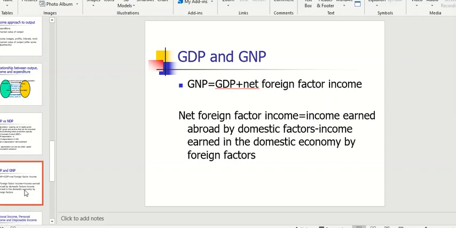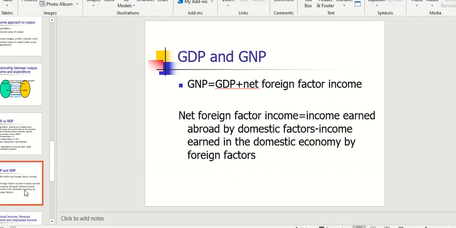So is this entire $1 billion earned by Americans? Many of you probably are aware that it's not, because there are foreigners who work in that factory. So as a result, we need to make that adjustment.